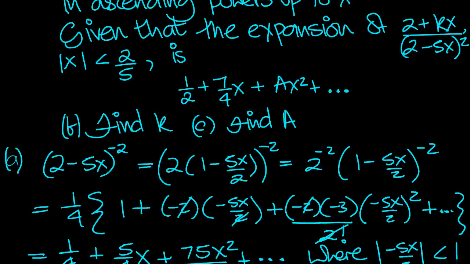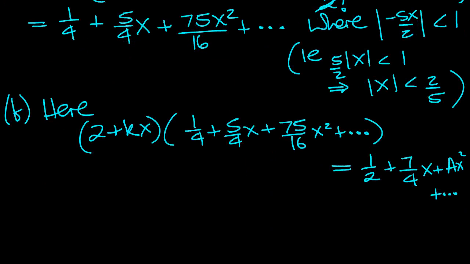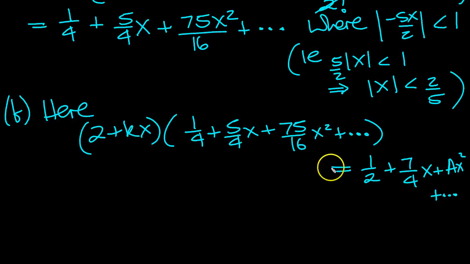Now we just need parts B and C, find k and find a. So let's work this out. We've got this equation here. The constant is 2 times a quarter, which is a half, so we'll worry about the number of x's now. We've got 2 of these, which is 5 over 2, the x coefficient from that one, and then we've got k over 4, the x coefficient there.